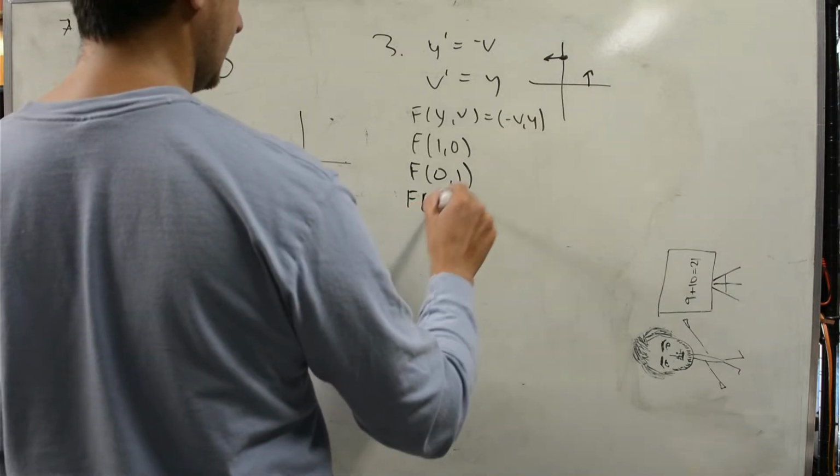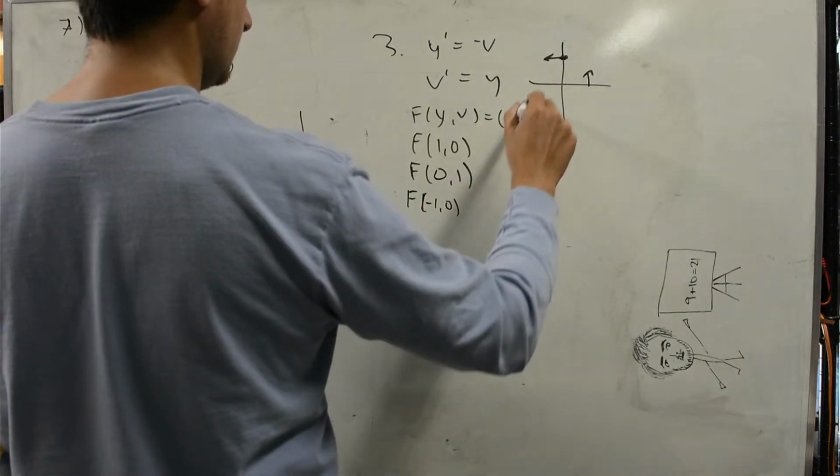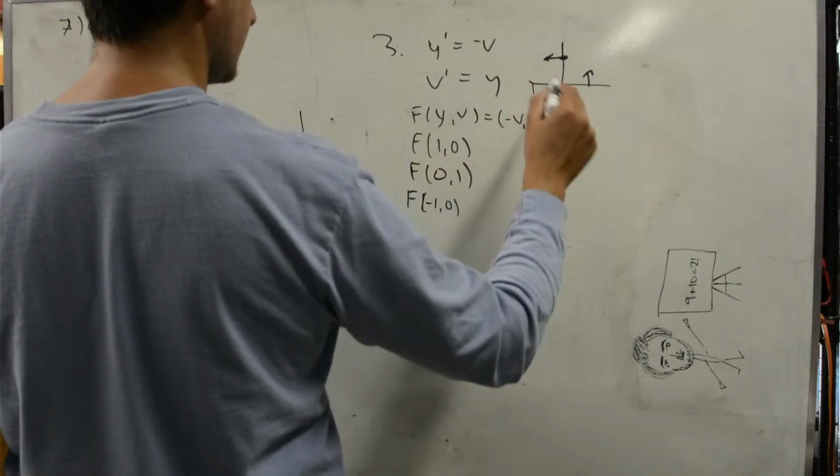Or f of (minus 1, 0). Goodness, minus. Okay, so I think that this is right.